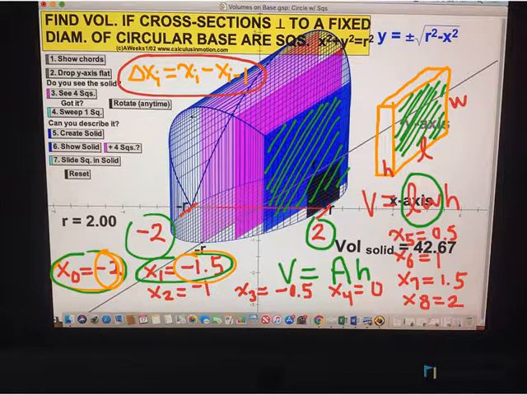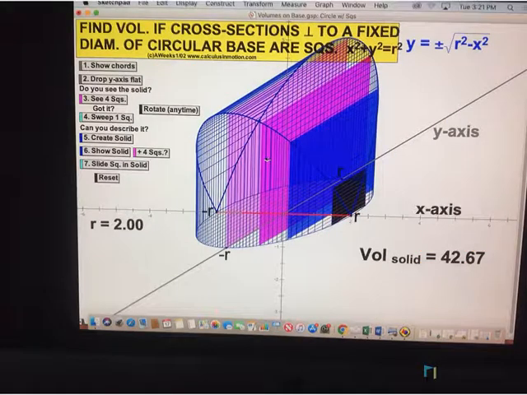And at each of these sample points, I'm going to construct my perpendicular cross-section to my solid, which will be a square. So for example, on my fourth subinterval, I will choose the right endpoint of that subinterval, which is x equal to 0, and I will construct my perpendicular cross-section to the x-axis, which will be a square.